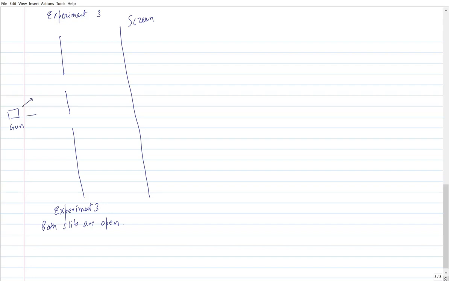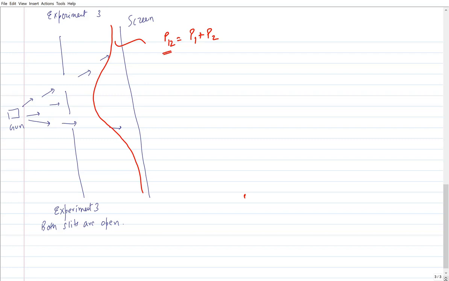Now I have again bullets spraying randomly. I get a probability distribution something like this guy. And I noticed that P12 was equal to P1 plus P2 of the previous cases.